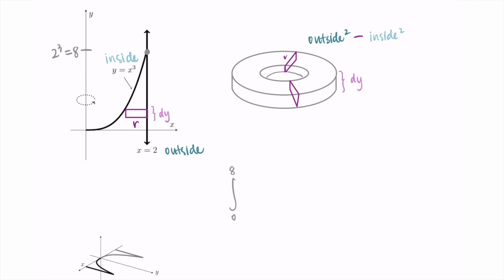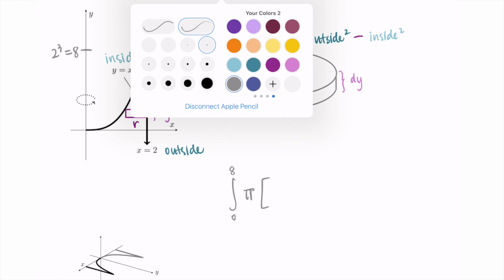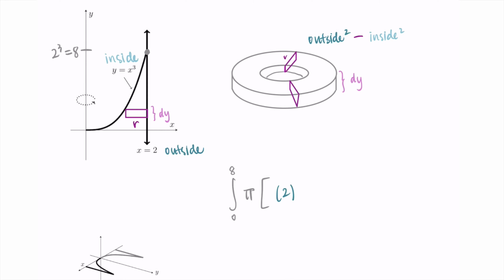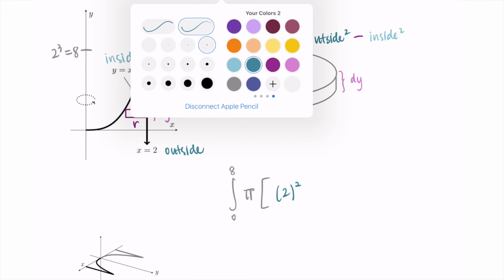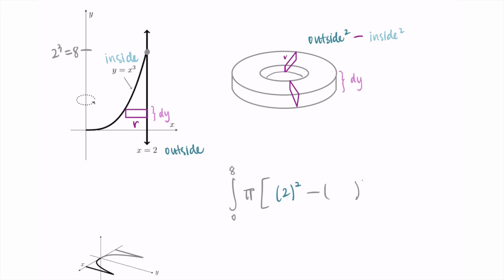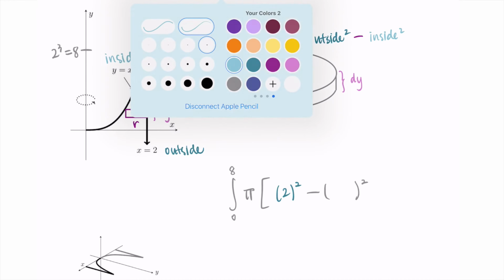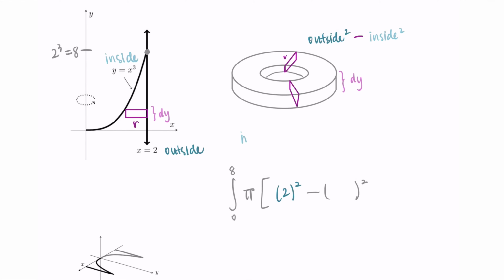0 to 8. And then we're going to have pi times the outside radius squared. So the outside is 2 squared. And then I subtract off the inside radius squared. But we just need to be a little careful because the inside is y equals x cubed, but we need it as x equals something.